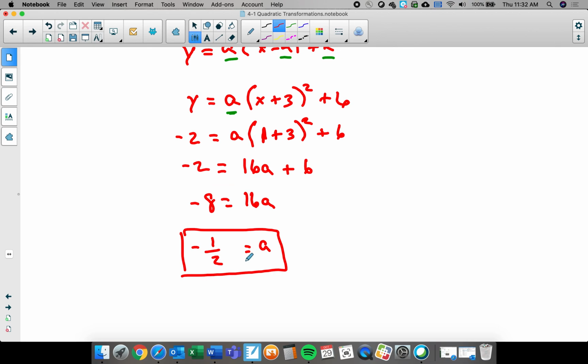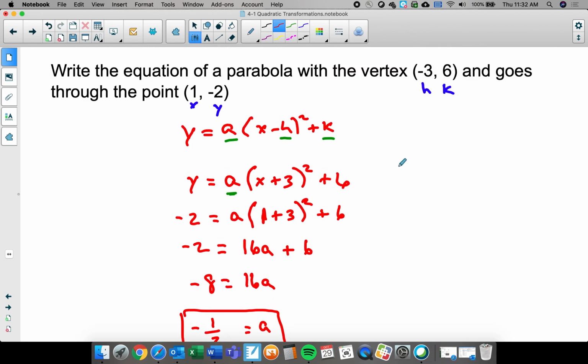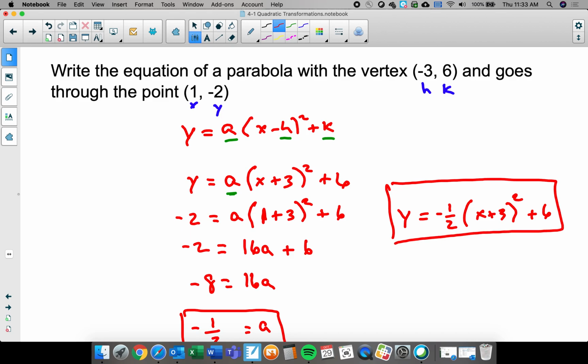So now I've got the a value and I've got h and k. Therefore, now I can write my final equation of y equals negative 1/2 times the quantity x plus 3 squared plus 6. Don't forget the squared. This is a parabola. Okay? This is a quadratic, so you got to make sure you have the squared in there.